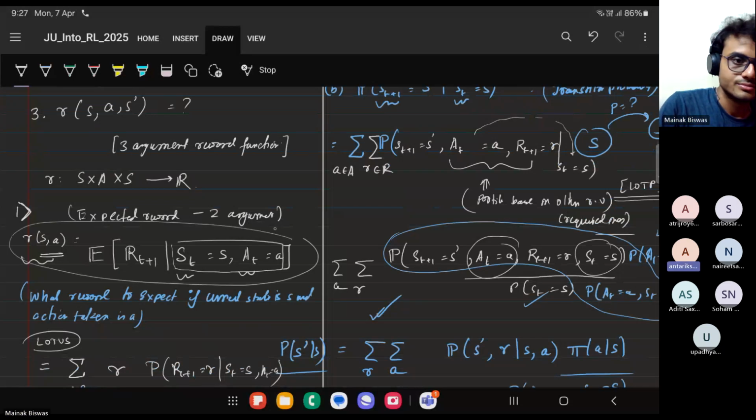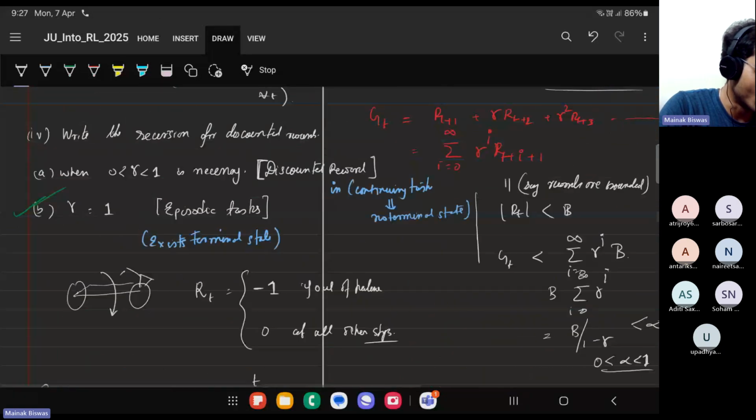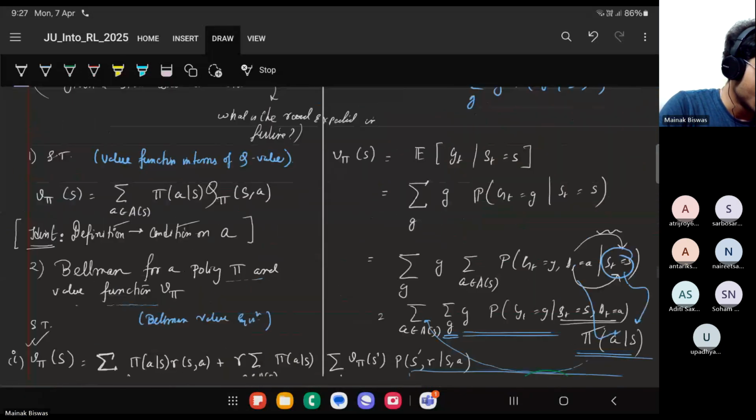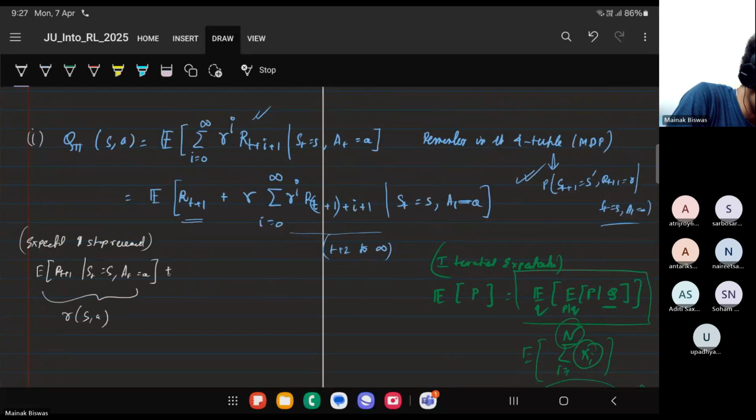Fine. Yeah, so it's the expected two argument reward. Perfect. Plus, what do you write? The next part to be gamma times. I'll keep some space. I have already given the hint to you all.